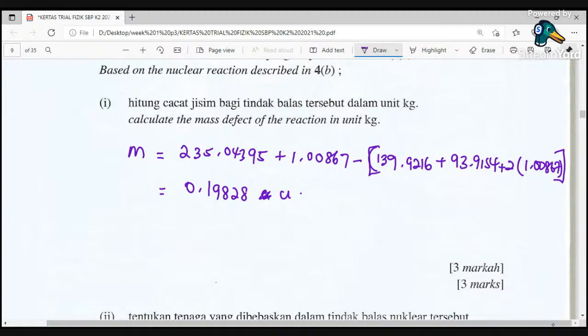To calculate the mass defect, you can leave your answer in AMU, but they want it in kilograms.